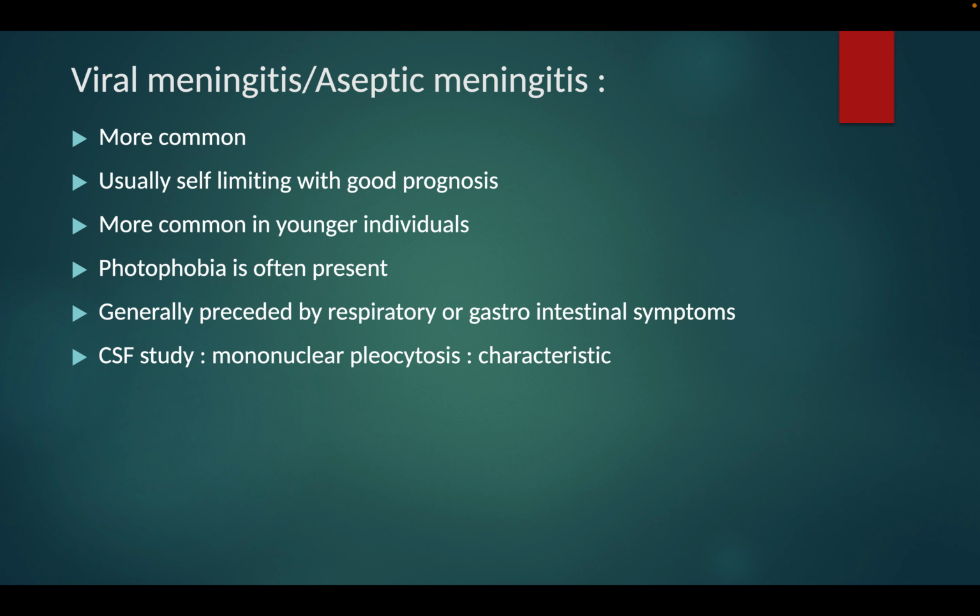As far as the viral meningitis is concerned, it can also be termed as aseptic meningitis, which is not very uncommon. Usually, it is a self limiting disease with a fairly good prognosis, more commonly seen in younger individuals where you encounter photophobia, and it's generally preceded by any viral illness like condition before they have features of meningitis, like upper respiratory tract infections or GI symptoms in the form of nausea, vomiting, or diarrhea.